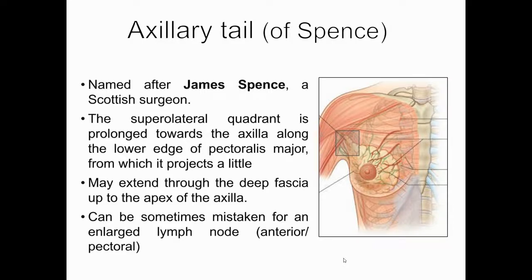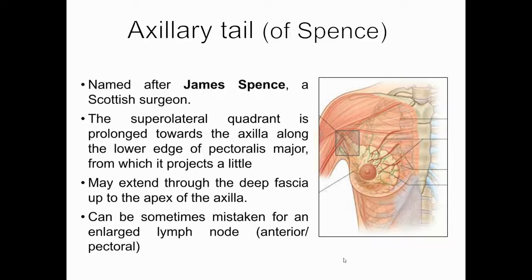What is the axillary tail? It is named after James Spence, a Scottish surgeon. The superior lateral quadrant is prolonged towards the axilla along the lower edge of the pectoralis major, from which it projects a little. It may extend through the deep fascia up to the apex of the axilla.